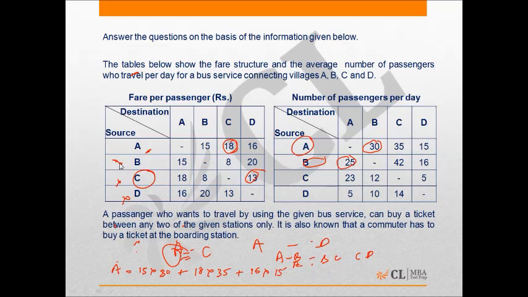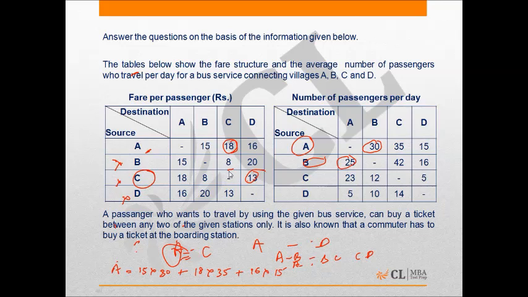Now look at B. If we see the fare from B to other stations, it is not very high compared to A for two stations, but for C it is really low.